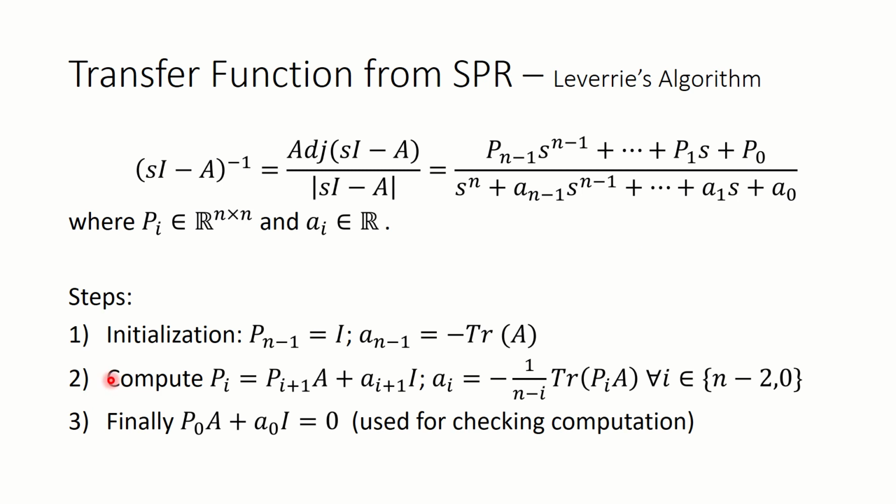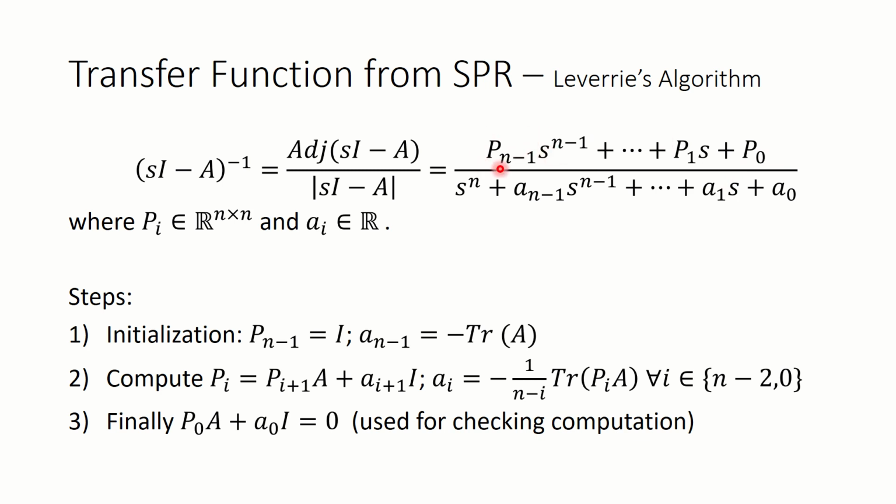So the steps include an initiation. P_(n-1) is considered to be the identity matrix. You will understand that normally the polynomial here can be considered to have the s^(n-1) term to be 1, because we can always divide the entire expression with it.